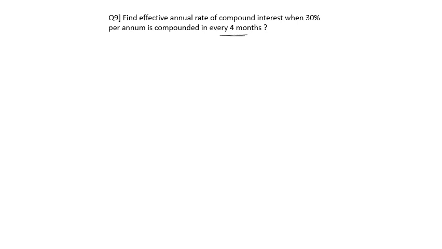For 12 months the rate is 30%, so for 4 months the rate has to be 10%, isn't it? We need the effective annual rate. So for the first 4 months it is 10%, the next will be again 10%, and 10% of 10% is 1%. For the next 4 months, and for the last 4 months, it is 10%.